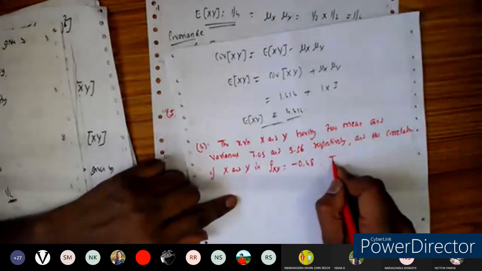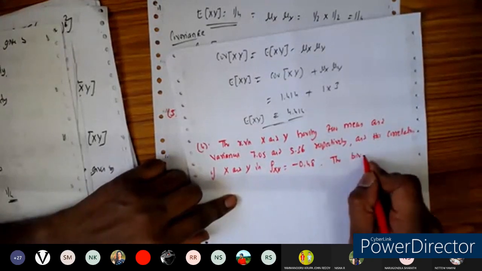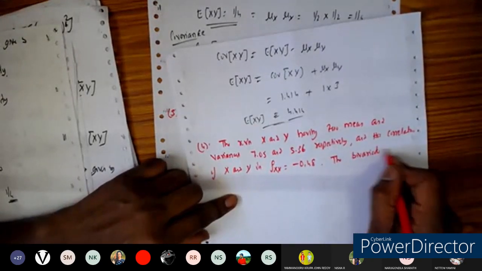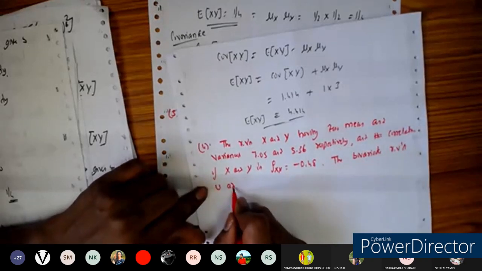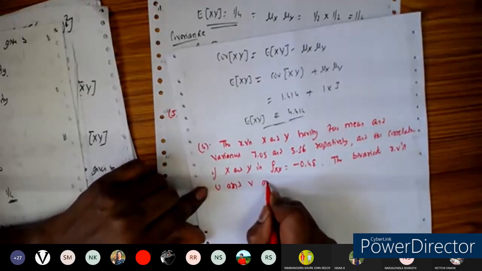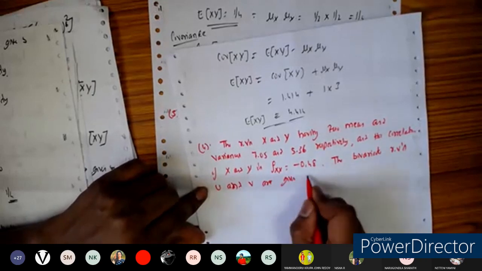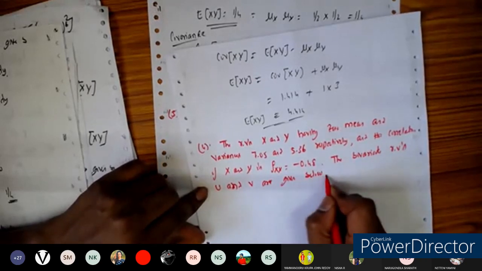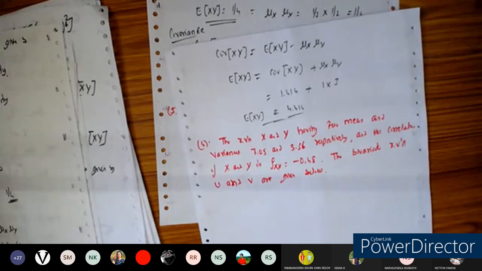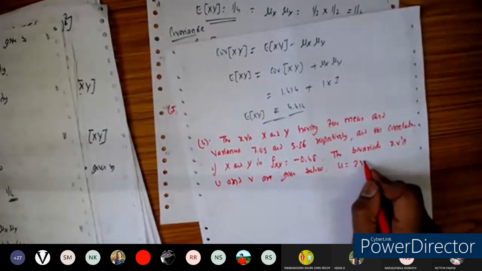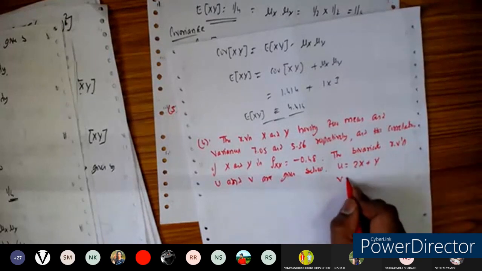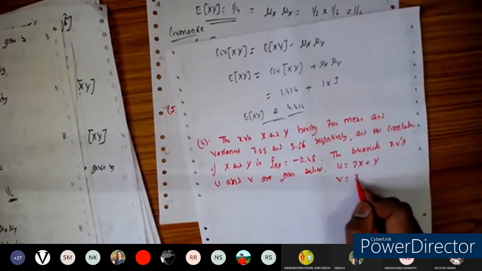The bivariate random variables U and V are given below. U is equal to 2X plus Y, V is equal to X plus 2Y.